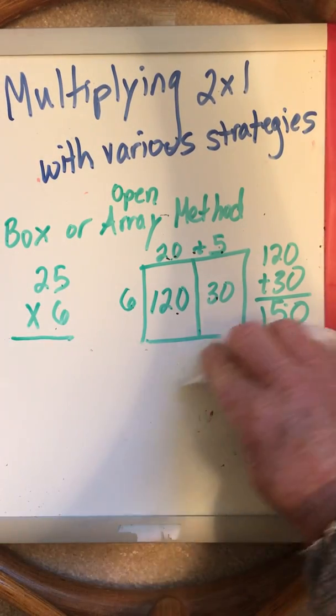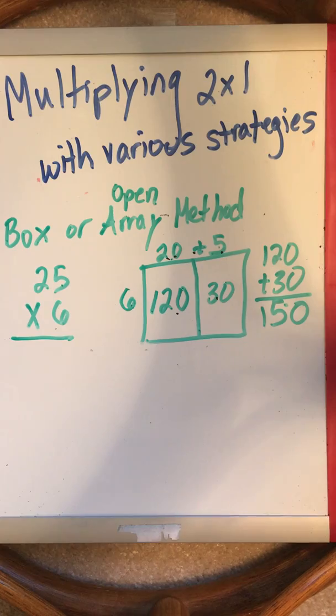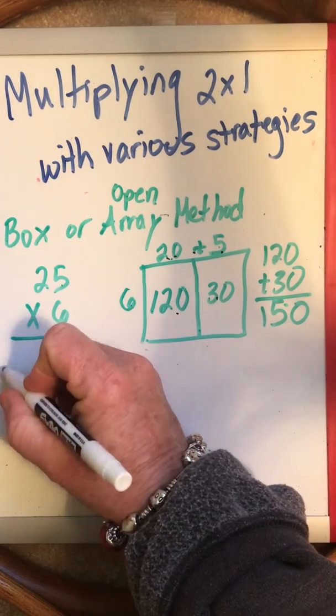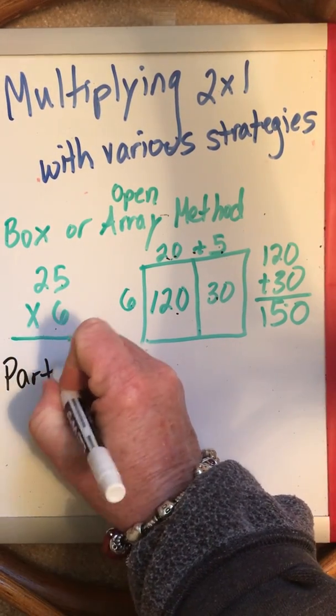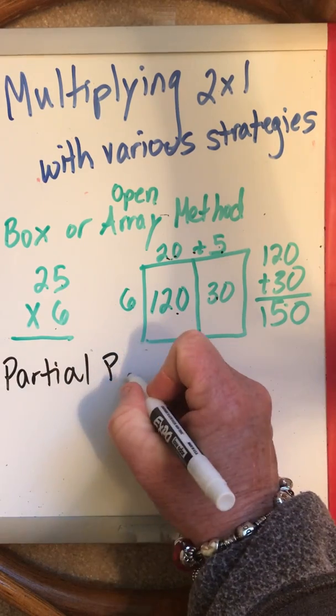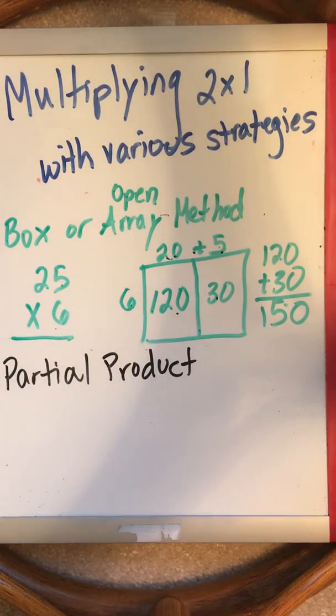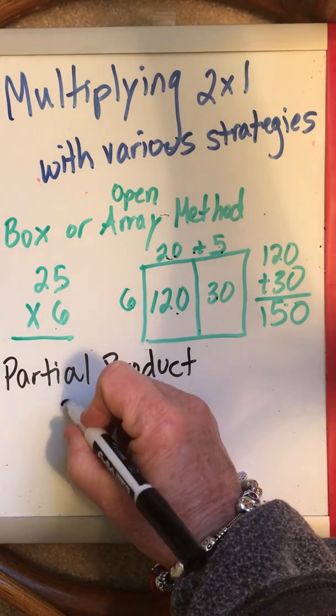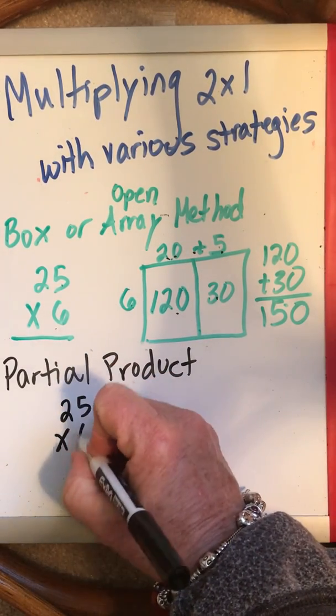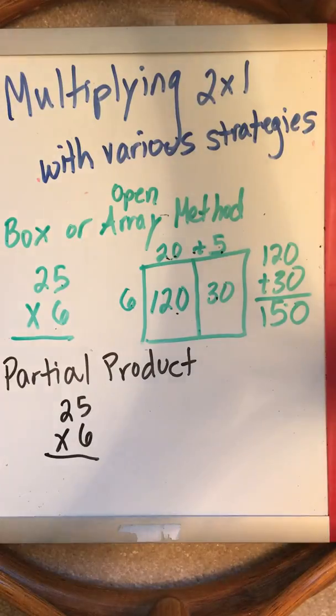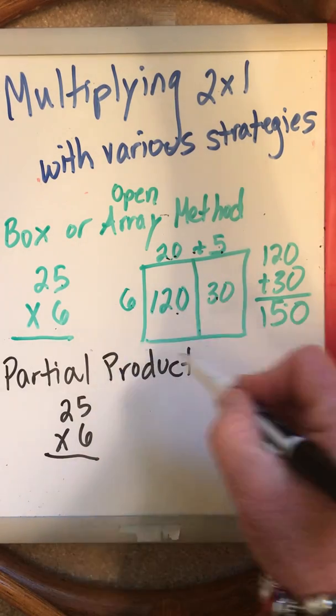In addition, we have something called the partial product. And again, the partial product is really the same as doing the box method or using the distributive property, but you don't write the box down. In some respects it's the same, but to me it's a little bit more difficult because it's not as visual.